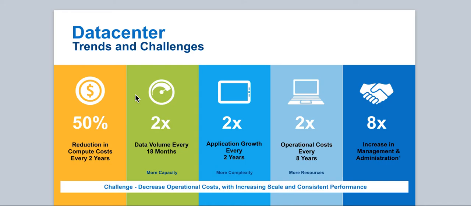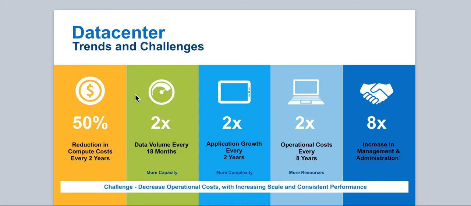The challenge for the data center is that it's getting complex over time. Now we would like to reduce the cost, and in the meantime we have to maintain an increase in data volume and application growth. Along with that, your operation cost is going to increase due to the scale and the complexity of your applications.